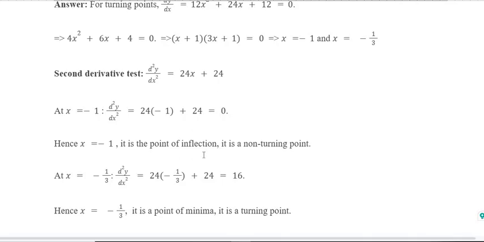This point is known as a point of inflection, or a non-turning point. At that point the curve is in a flat region, so there is no turning.